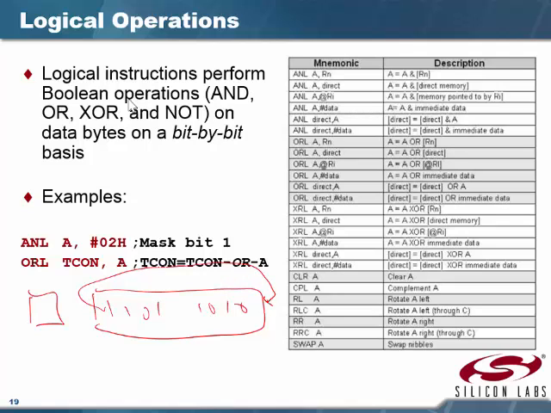So we just write 1, 0, 1, 1, 0, 1, 0, and then we bring this one around.